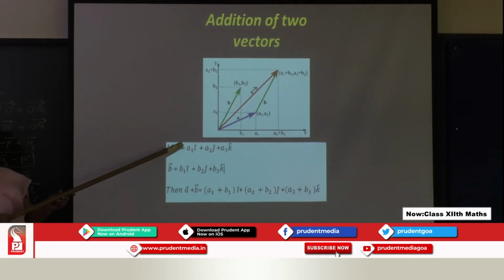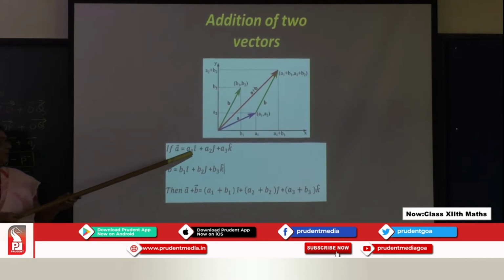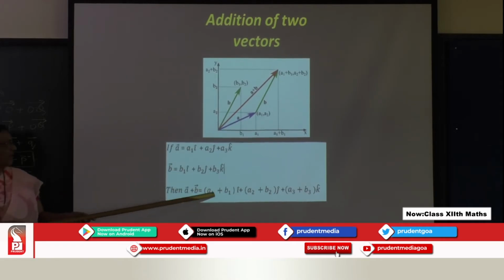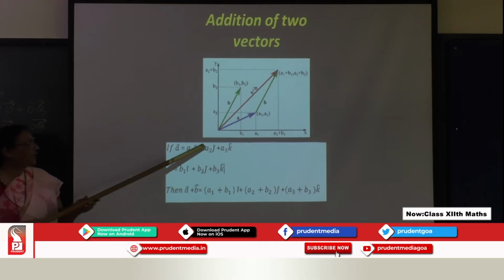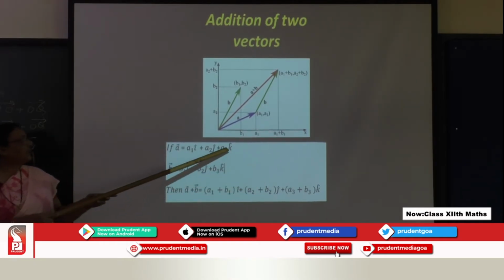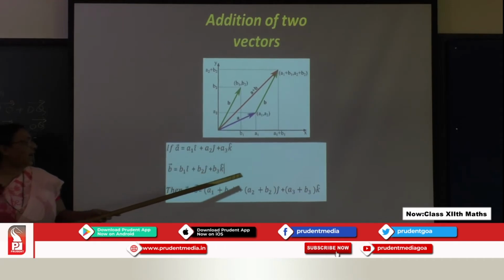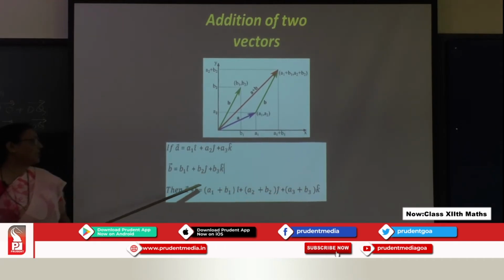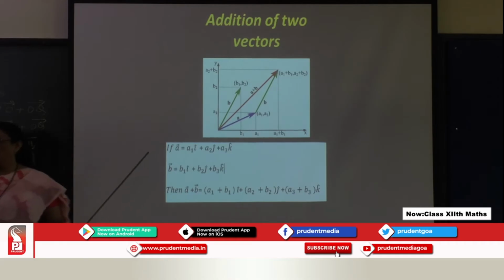How to add these two vectors? You add the i components, A1 plus B1 i, then A2 plus B2 j, and A3 plus B3 k. So this is the addition of two vectors.